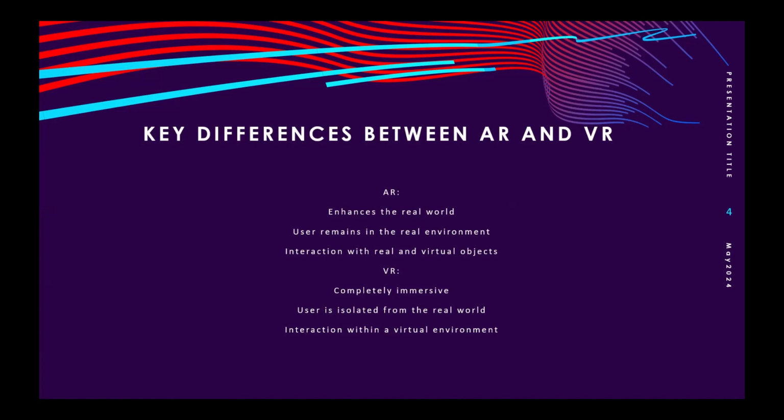That is, a user is isolated from the real world and interacts within the virtual environment. The user is in some other isolated world. It is not a real-world entity, and even the interaction is not between two real people.